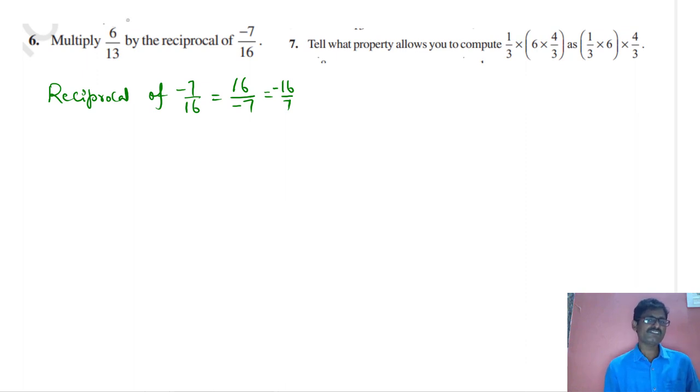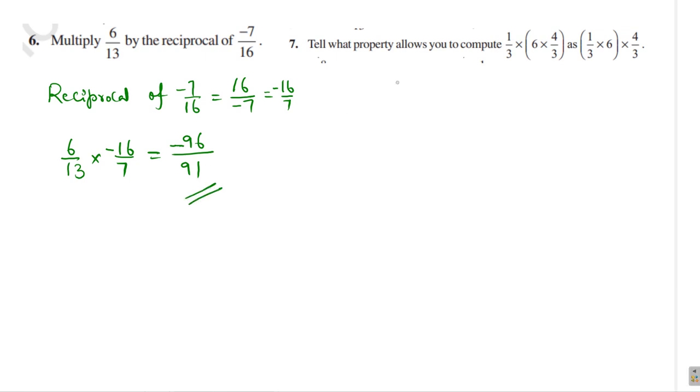Now multiply 6 by 13 with reciprocal of this one. So 6 by 13 times negative 16 by 7. This is what we need to find out. This is equal to 6 times 16 is 96. We have minus symbol, so write minus, divided by 13 times 7 is 91. So this is the answer.